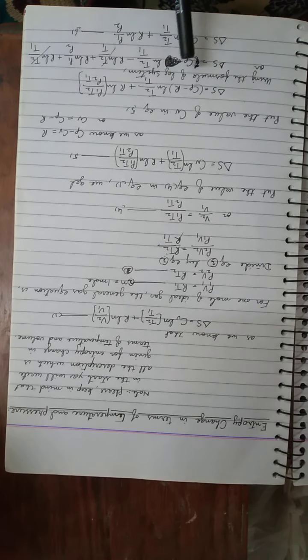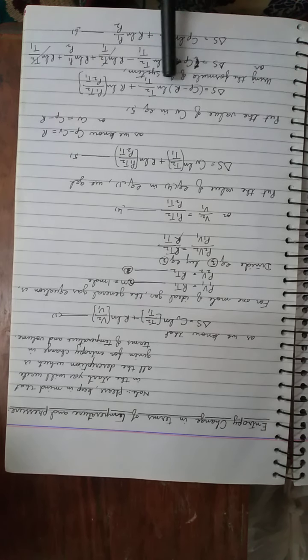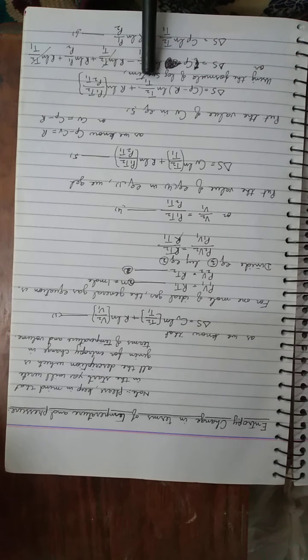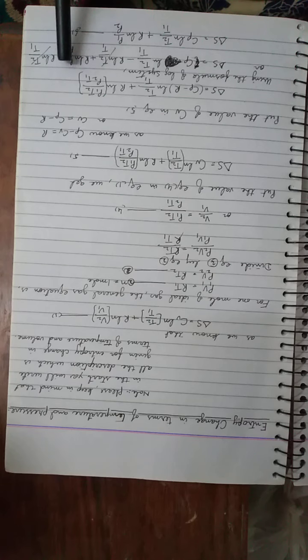According to that, the values which are subtracting, we can write in this form: del S is equal to Cp into log natural T2 by T1 minus R log natural T2 by T1 plus R log natural P1 by P2 plus R log natural T2 by T1.